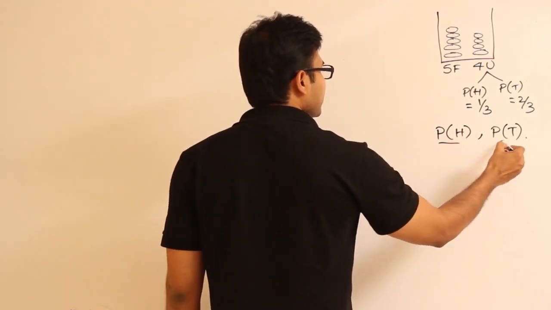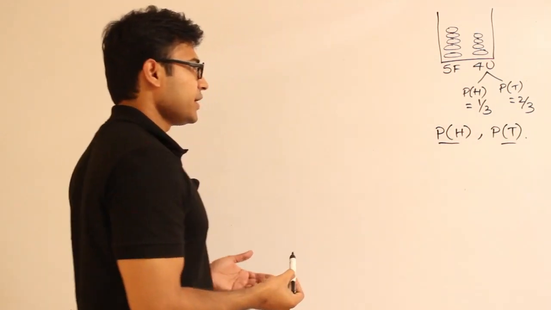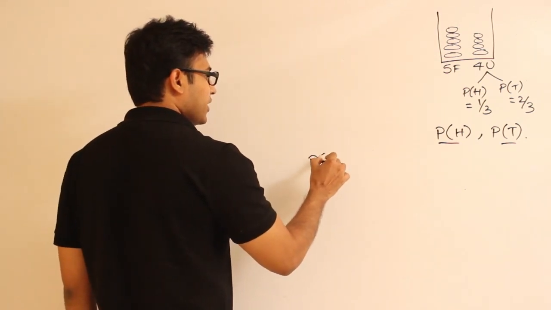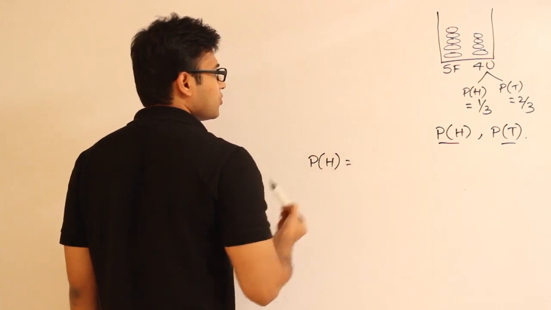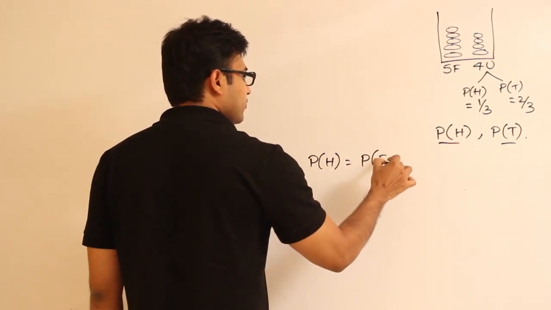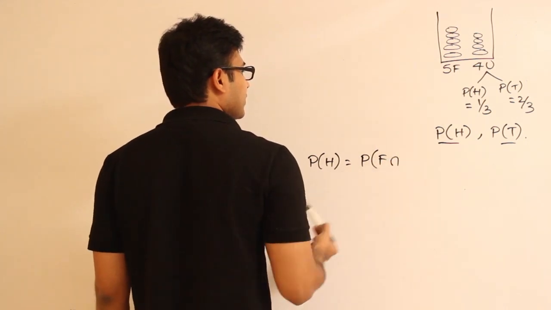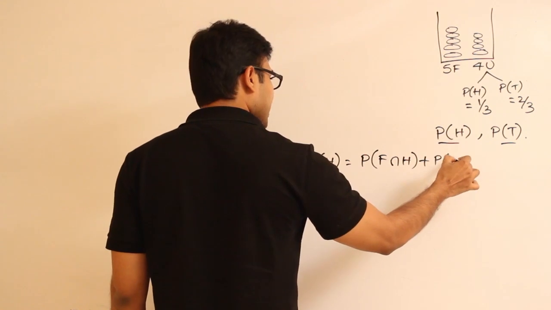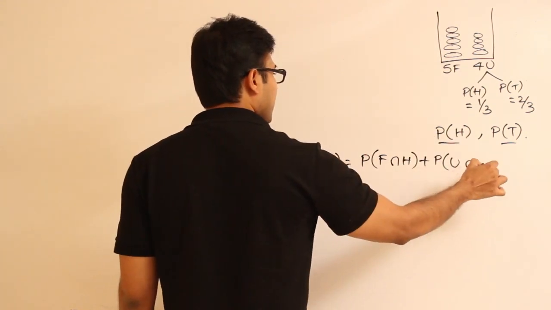How did we do that? The total probability actually depended on two cases, right? The probability of getting a head depended on two cases. One is the probability of drawing the fair coin, and when I flip it I get a head, plus the probability of drawing the unfair coin, and when I flip it I get a head.